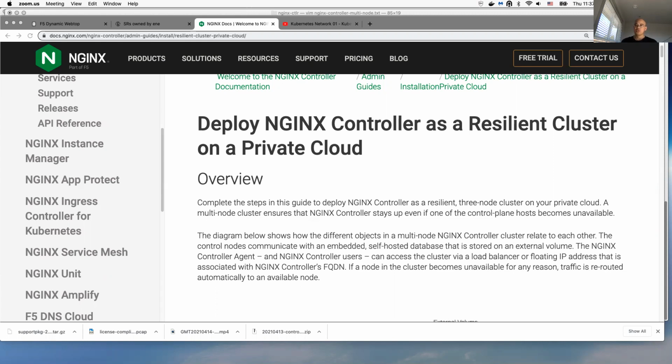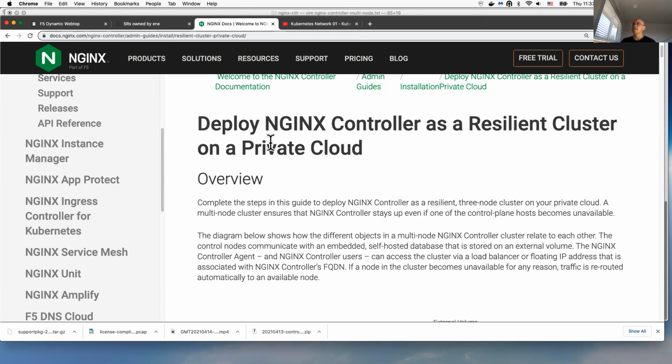So to demonstrate that problem, I'm going to use the nginx controller as a deployment example. You can deploy the nginx controller in a multi-node Kubernetes cluster.